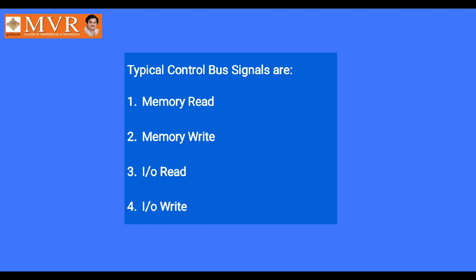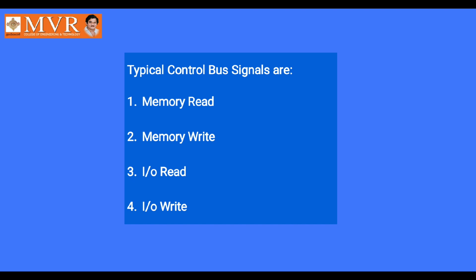And we need to write something else. For that also we need the memory location on which we need to write. So that is also controlled by the control bus. And input output devices: from input devices we read the data, and to output devices we write the data. So basically the control bus performs two basic operations, read and write.